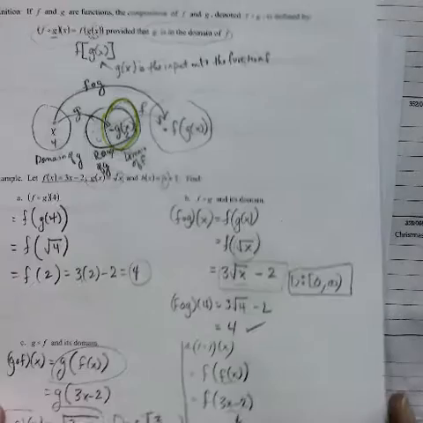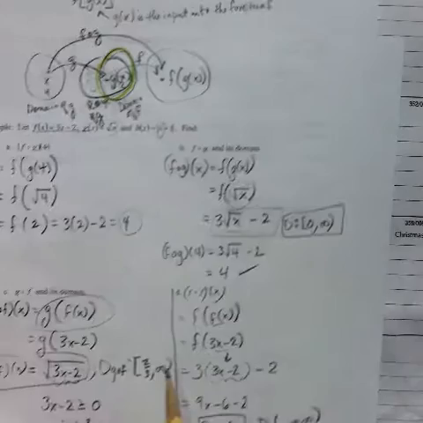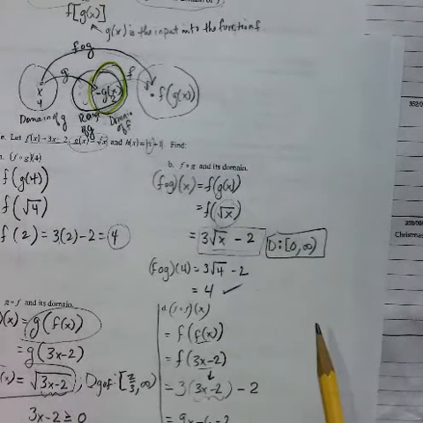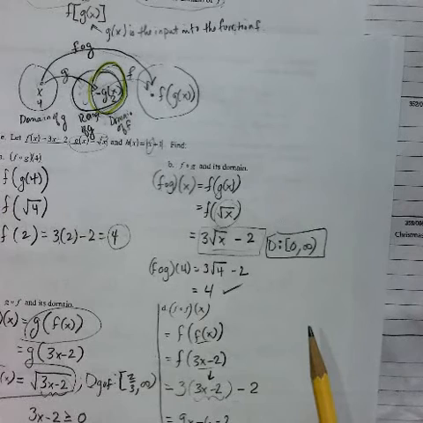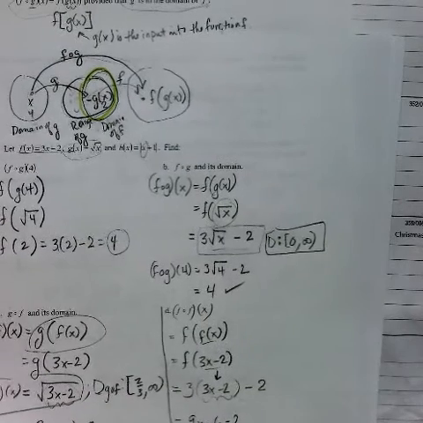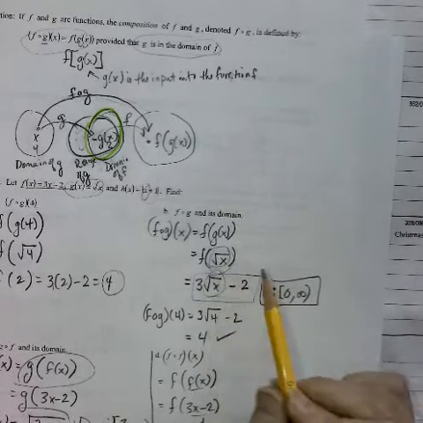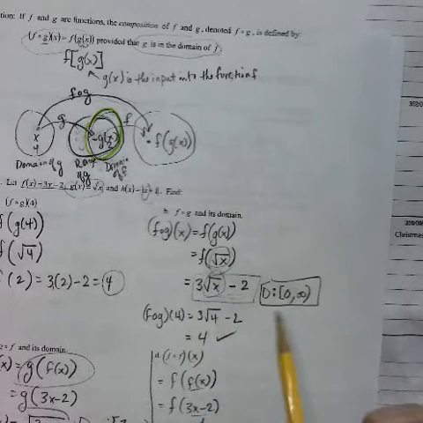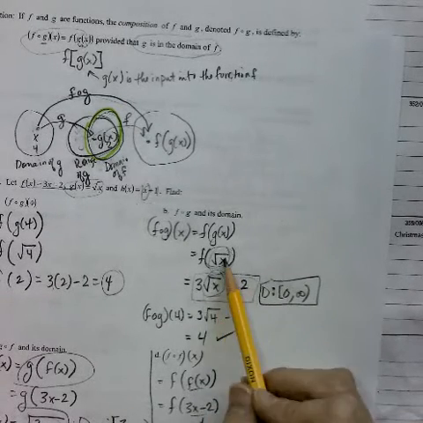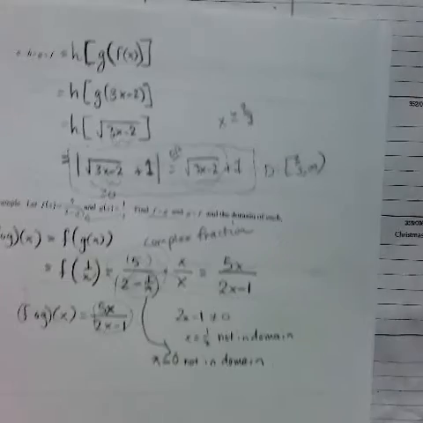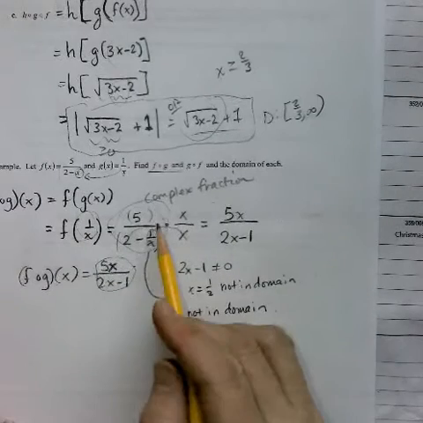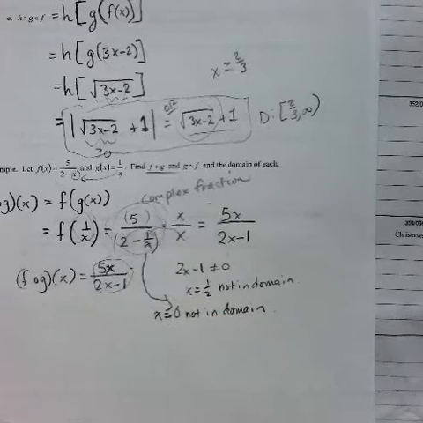Like I said here, this one, right? That was preserved. It didn't disappear in the final answer. So it was there. You didn't have to worry about it at this step. But watch it before you simplify, and then in your final answer, look at all the numbers that make both of those things not exist.